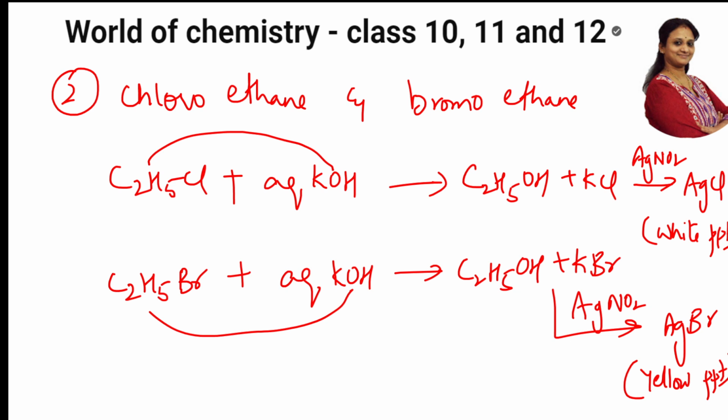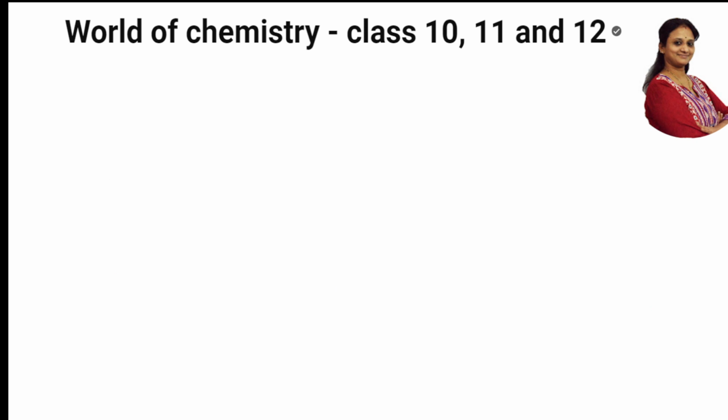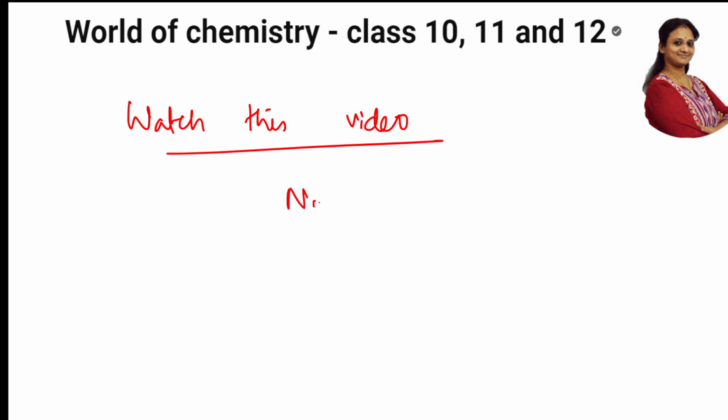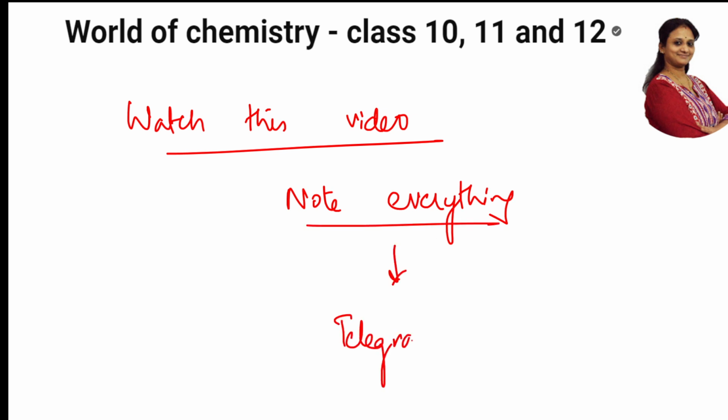So I'm going to do that complete distinguishing test. What you're going to do, you watch this complete video, and after you watch this video, note everything. The remaining part, whatever I worked out, I'm going to send in the Telegram as a PDF.